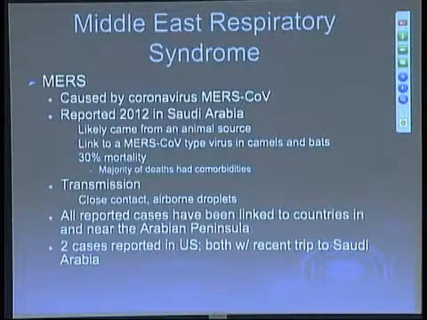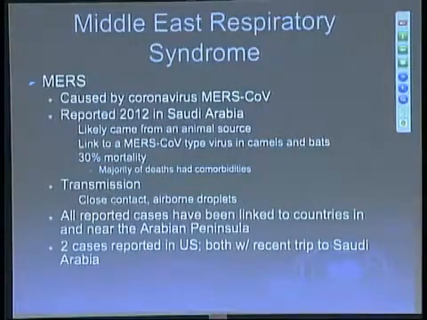Interesting combination. It has also a 30% mortality rate, but the majority of the people who died had comorbidities such as heart disease, other underlying respiratory disease, emphysema, etc. Or extremes of age, old and young.